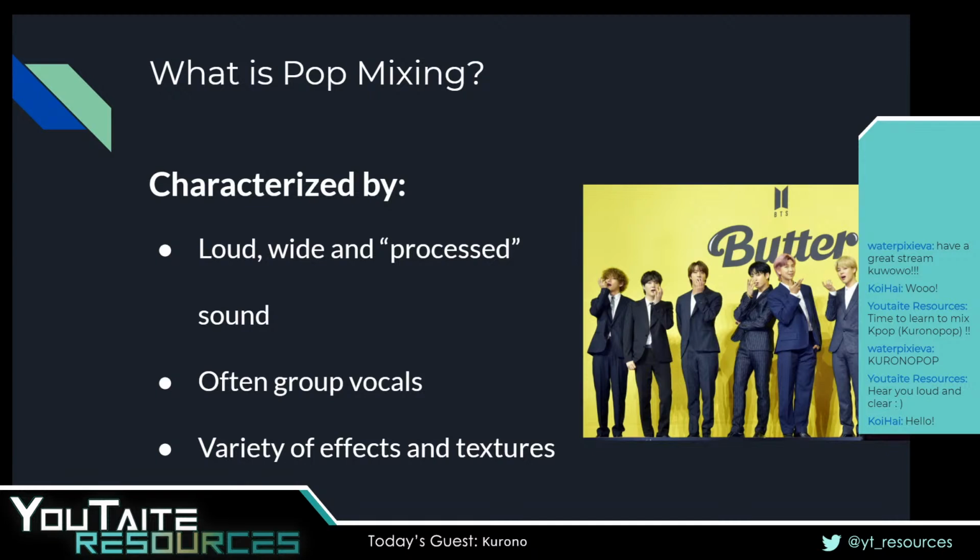You're gonna have to make them sound similar but also pop, as the genre implies. And additionally, you're gonna want to use a lot of different effects and textures to make everything sound interesting, because what characterizes pop is not exactly one thing. It's more like a collection of a lot of different effects that come in, like radio effects or autotune. And so you want to really be experimenting a lot with that.